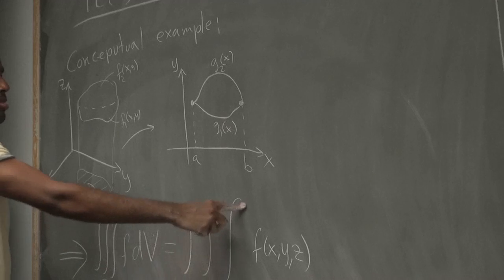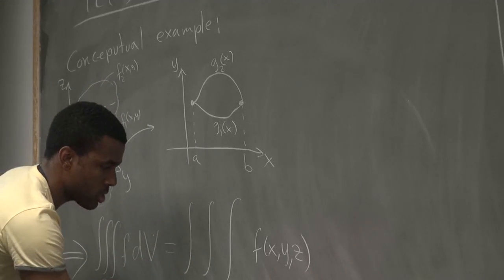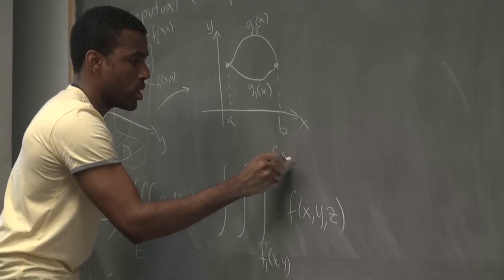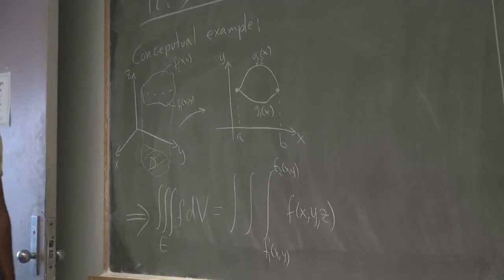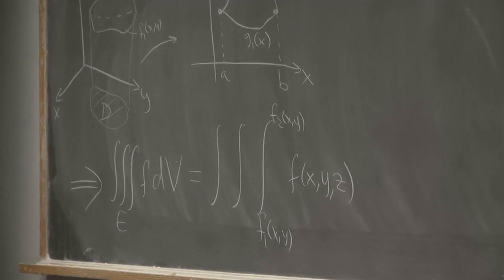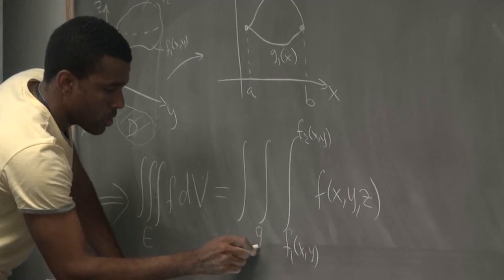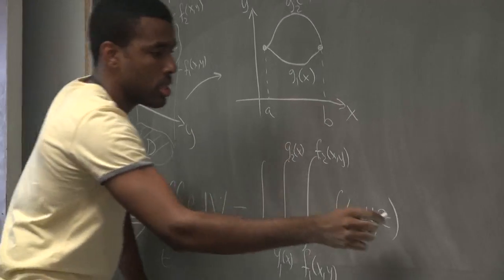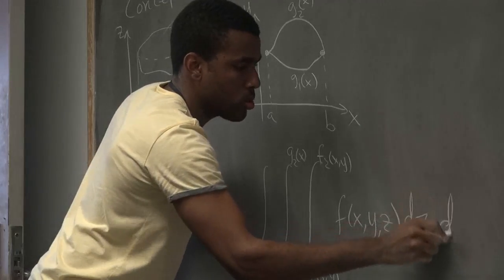On the inside, just follow the surfaces, so it's f1 of x,y up to f2 of x,y. Now what does the outside look like? G1 of x up to G2 of x. So this was dz, this will be dy.